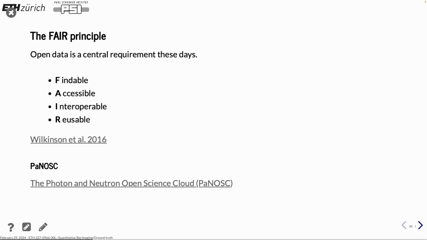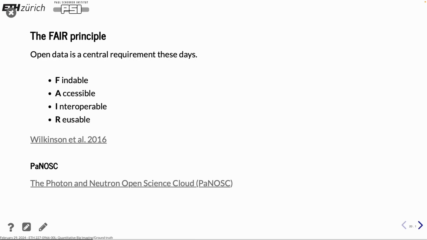With sharing data, there is the FAIR principle, and that's something, at least in Europe, I think it's even coming from the EU, that publicly funded data should be shared at some point.